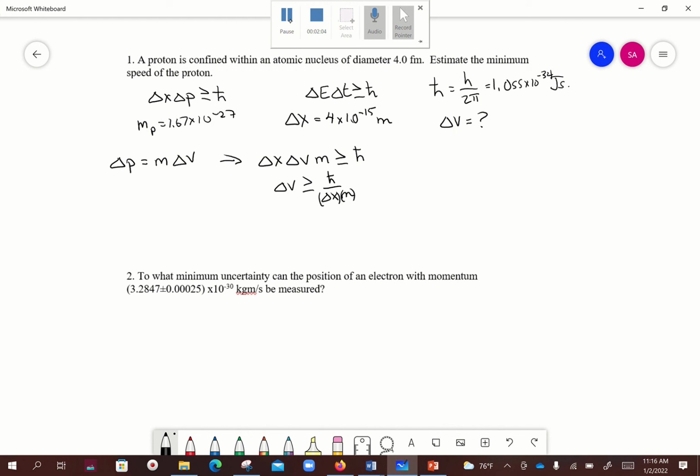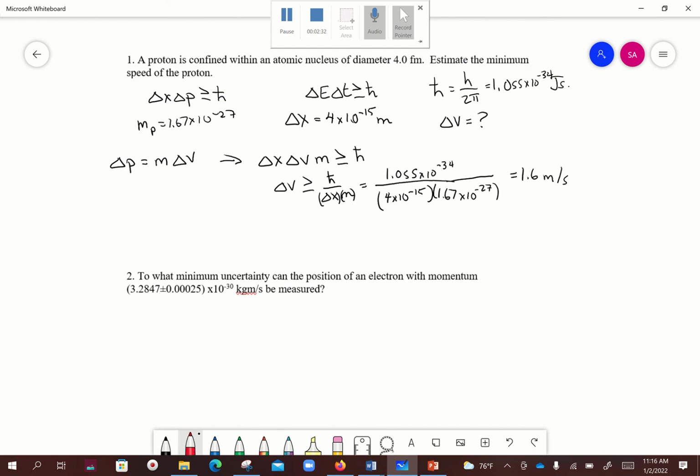So I get delta v is greater than or equal to h bar, 1.055 times 10 to the minus 34, delta x is 4 times 10 to the minus 15, and m is 1.67 times 10 to the minus 27. I get 1.6 meters per second.